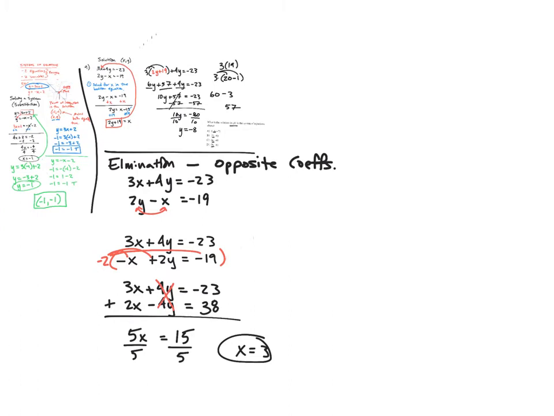I mean, you can, but a lot of times you're dealing with a lot of fractions and stuff. So it's always going to be that they cancel out, if they're opposite coefficients, yes. And that's the whole goal, is you have to turn one equation into the opposite coefficient of the other.